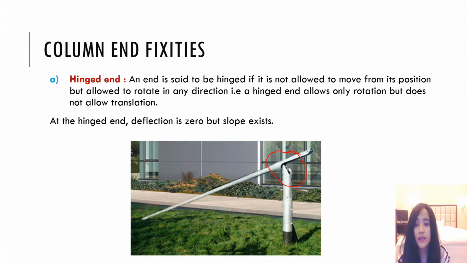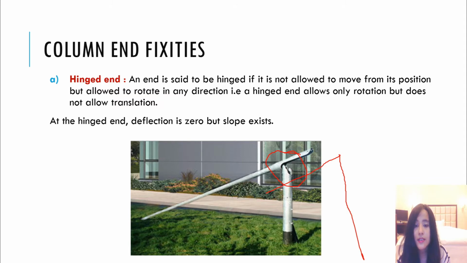Okay, so for the hinged one, you can see the diagram here. This is a column, okay, and hinged means an end is said to be hinged if it is allowed to move from its position. Now अभी इसका column का position, अभी पहले straight हुआ होगा, अब यहाँ से it is allowed to move from its position. It is bending now, right?